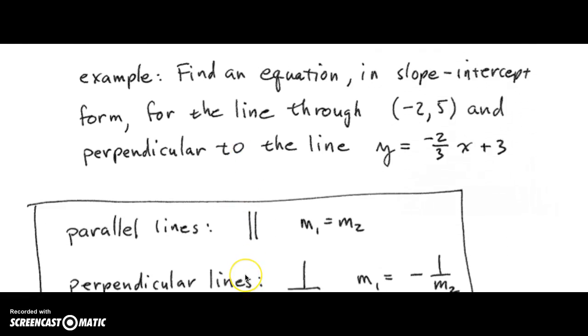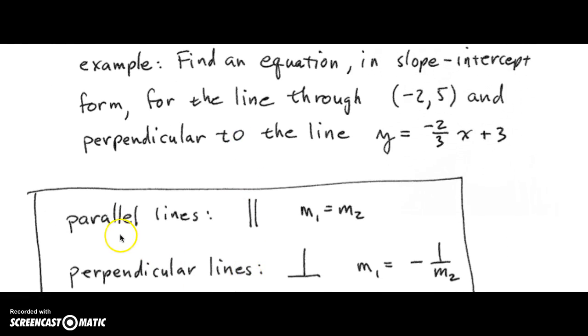Recall that parallel lines have identical slopes. Two parallel lines, lines that cruise along at the same kind of attitude and never touch each other, will have the same slope, m1 equals m2. Whereas perpendicular lines, lines that meet at 90-degree angles, have the relationship that the slopes are opposite reciprocals of each other.